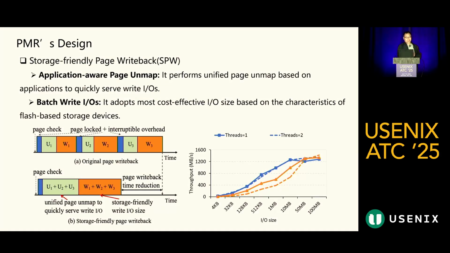The second step is storage-friendly writeback. It is designed to unmap the pages in an application-aware way, and then we batch these unmapped pages to the storage. So we can combine the unmap and combine the write step.